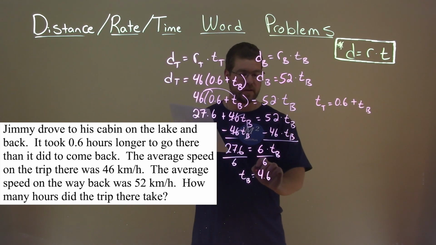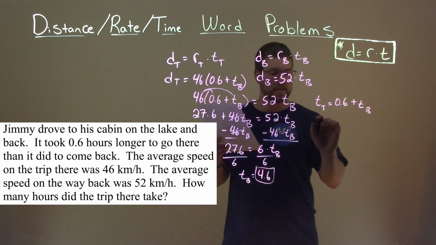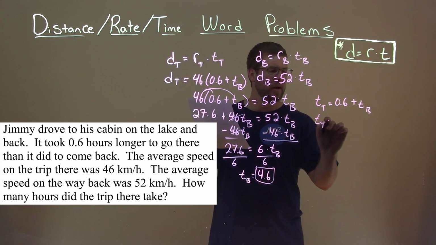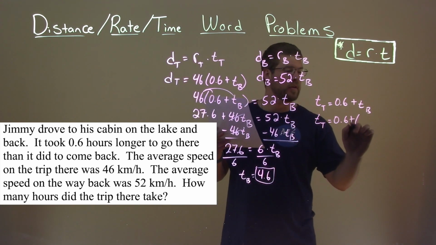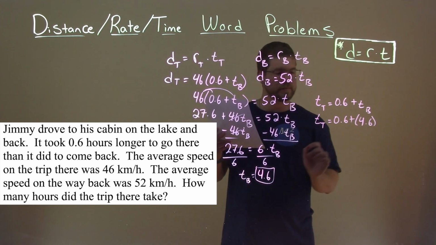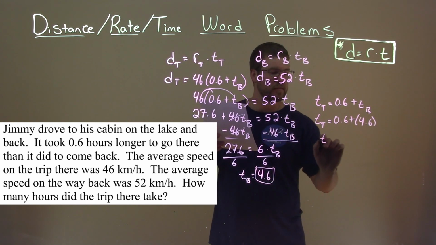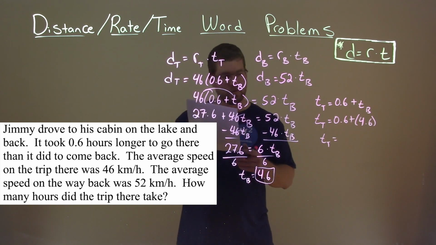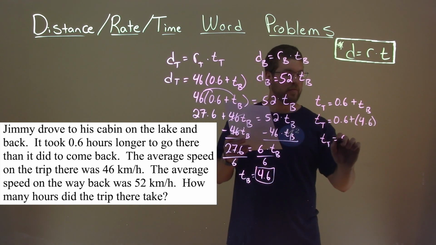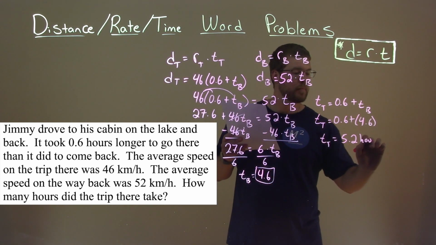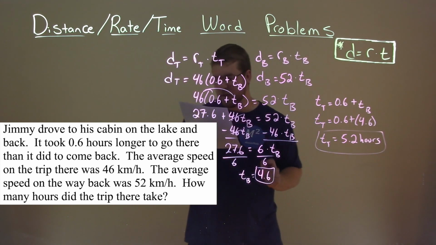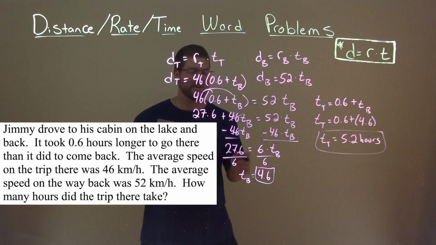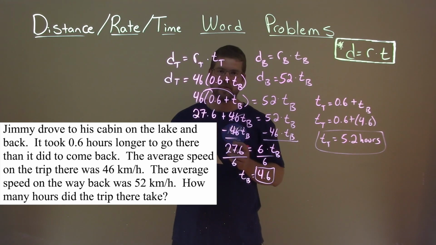Time back we said was 4.6, so time there is equal to 0.6 plus 4.6 hours, which is a total of 5.2 hours. And there we have it. The trip there took 5.2 hours.